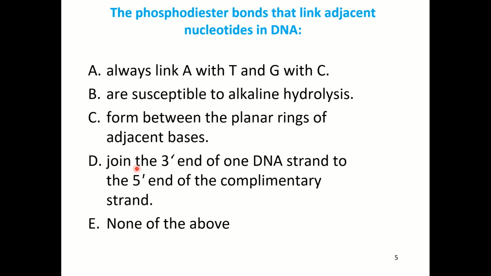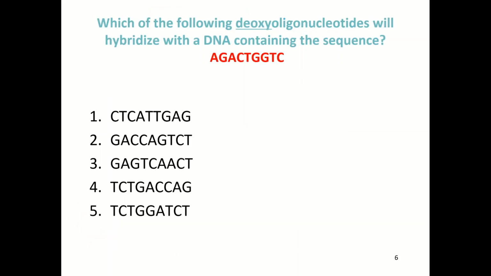D, phosphodiester bonds join the 3' end of one DNA strand to the 5' end of the complementary strand. That is incorrect. They do join the 3' end of one nucleotide with the 5' end of an adjacent nucleotide in the same strand, not in a complementary strand. So the correct choice here is none of the above.